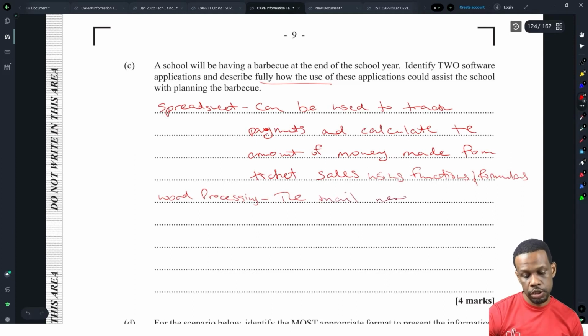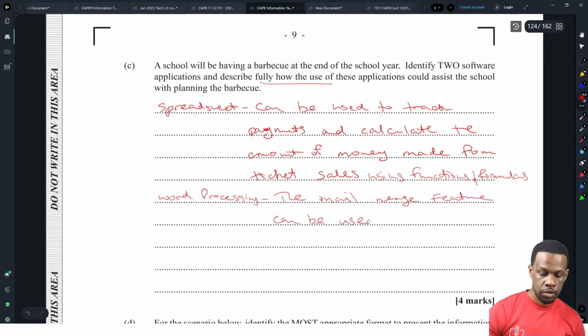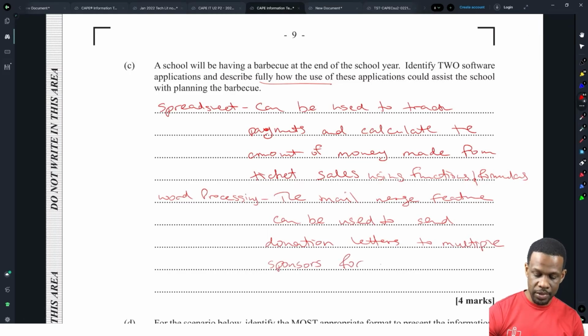The mail merge feature can be used to send donation letters to multiple sponsors for items. Yeah, we'll just say buy items.